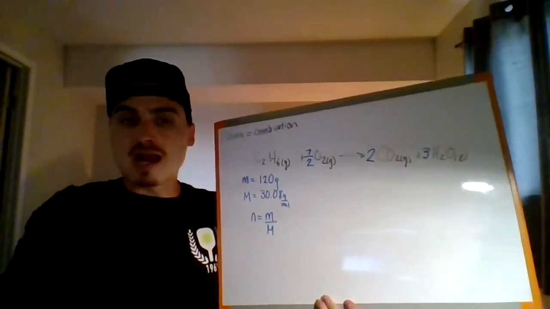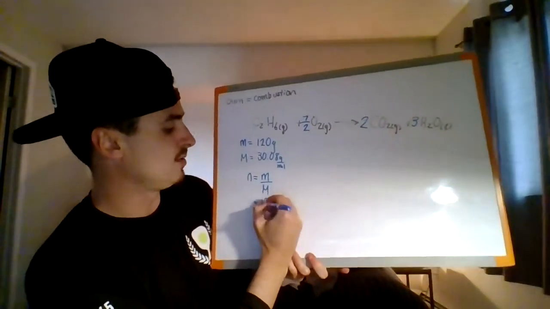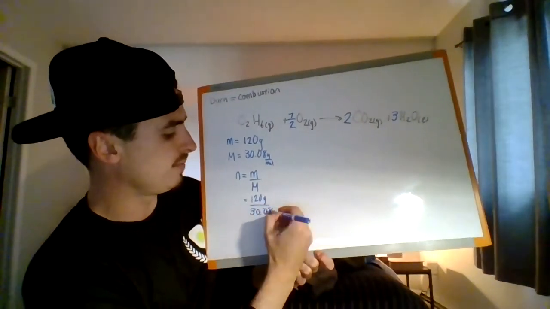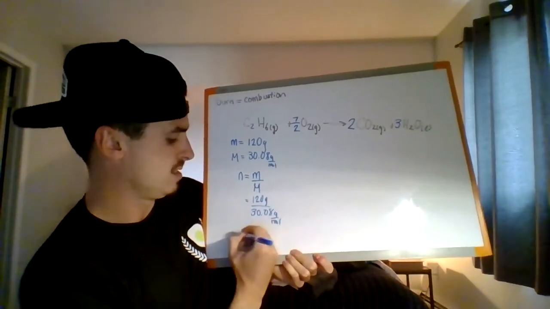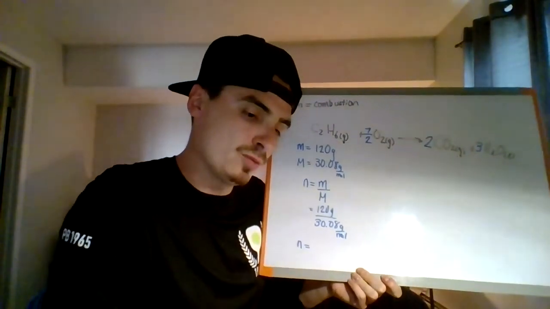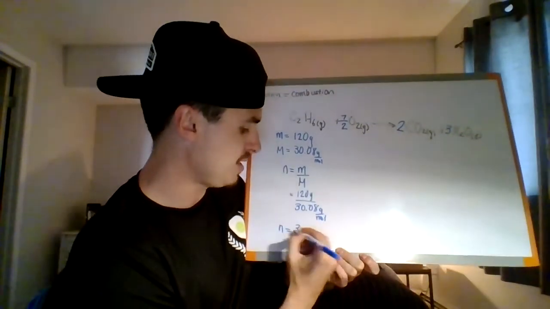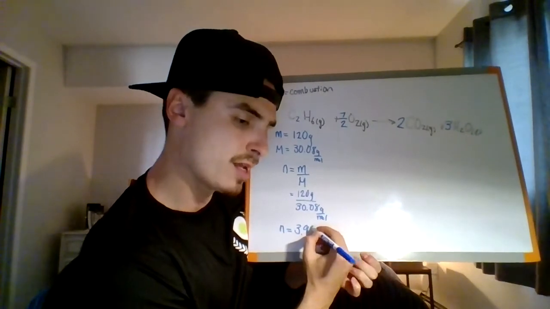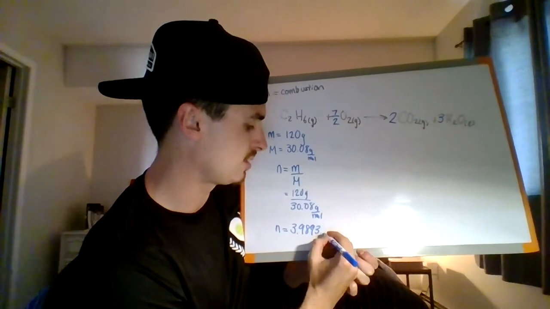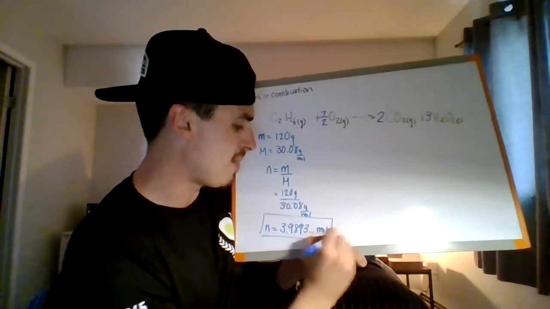So all I'm going to do now, guys, to find the moles is sub in those numbers. 120 grams divided by 30.08 grams per mole. So 120 divided by 30.08 gives me 3.9893... moles. Okay, I'm going to put a box around that, but it is not my final answer.